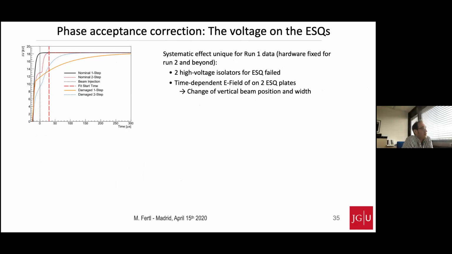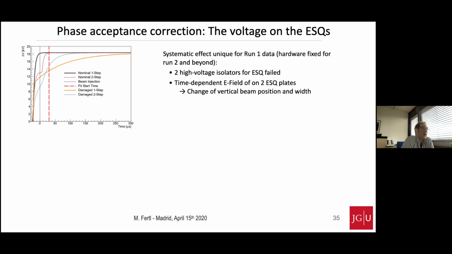And so on the left-hand side, you can see in black the nominal shape of the stepping of the voltage, and also the red dashed line. But on the damaged ones, which are shown in dashed blue and orange, you can see that actually the charging of the plates took much longer.